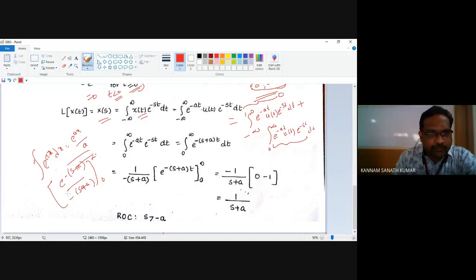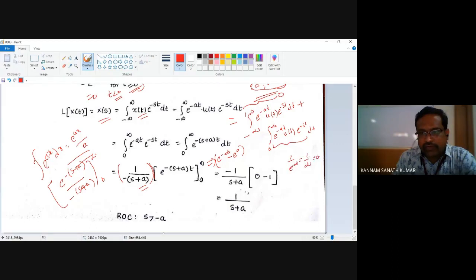Minus 1 by (s+a) is a constant, so I kept it outside, along with e^(-(s+a)t). Applying the limits, you get e^(-infinity) minus e^0. e^(-infinity) is 1 by e^infinity, which is 1 by infinity, equal to 0.